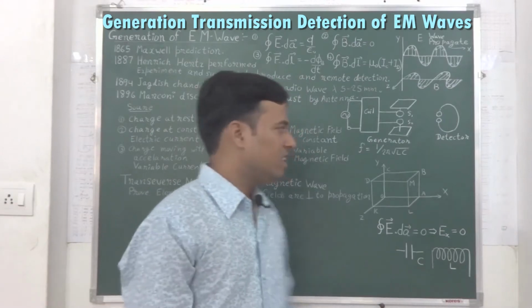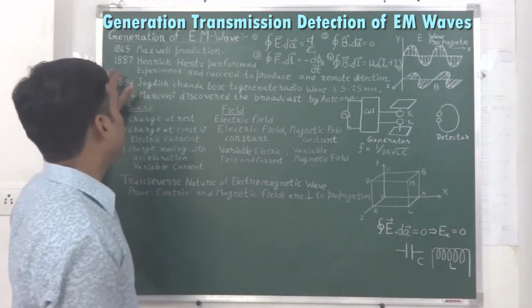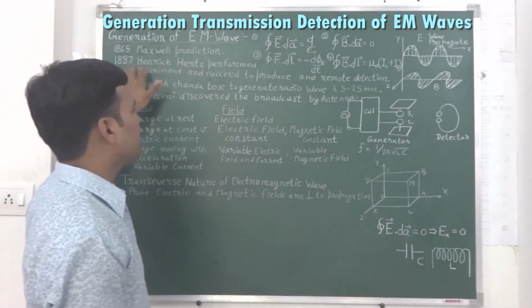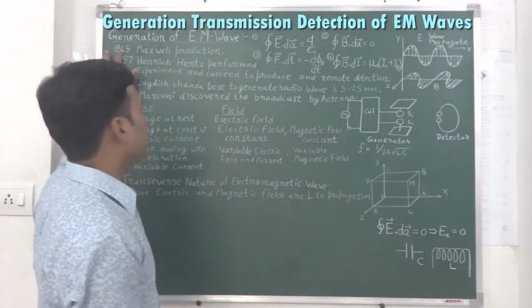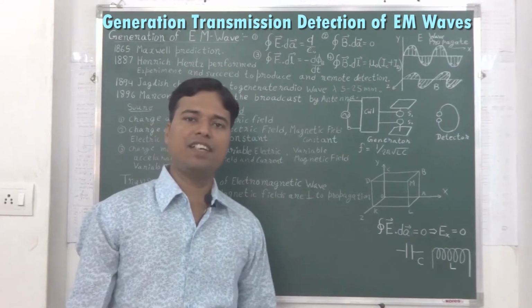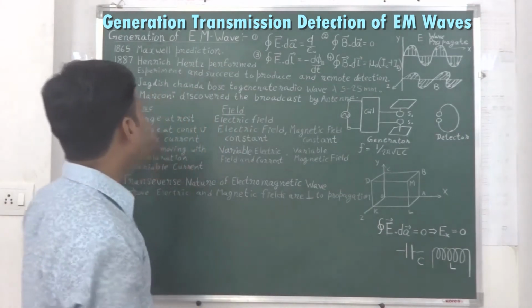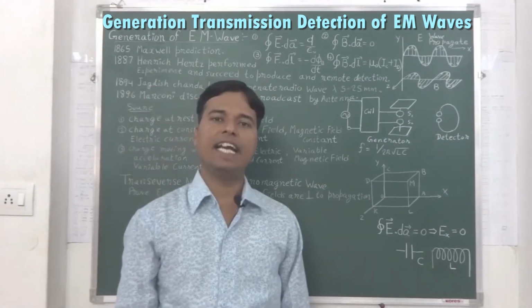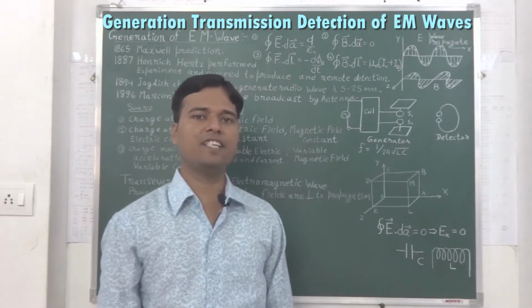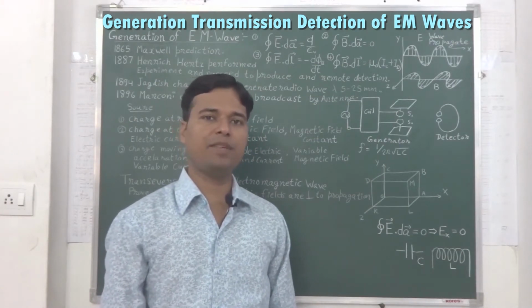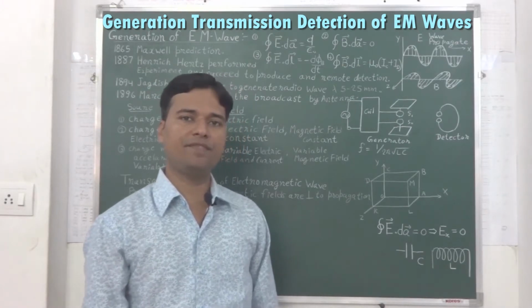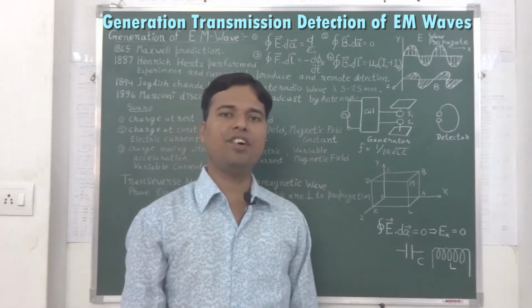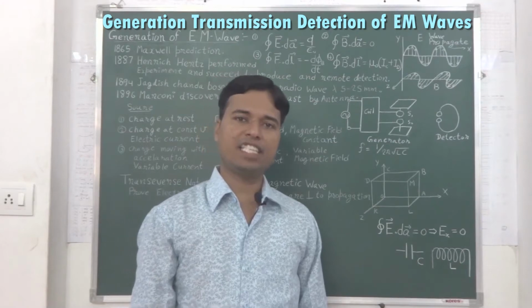Now dear students, we are studying the experiment of Heinrich Hertz. In 1865, Maxwell gave this prediction. In 1887, Heinrich Hertz was the first scientist who succeeded in his experiment for the generation of electromagnetic waves by means of an oscillating electric spark.